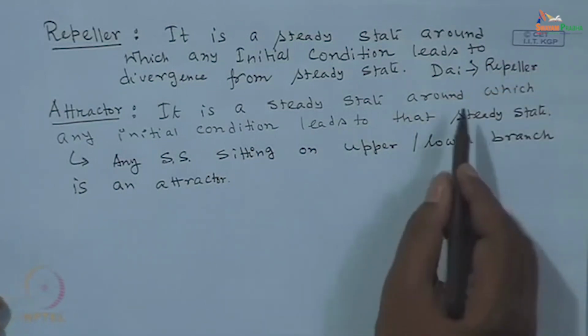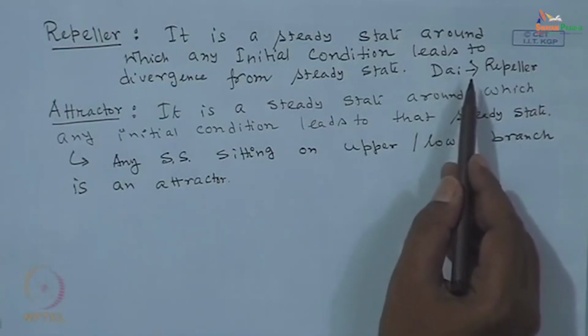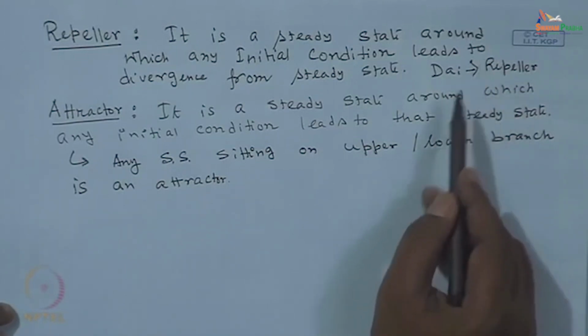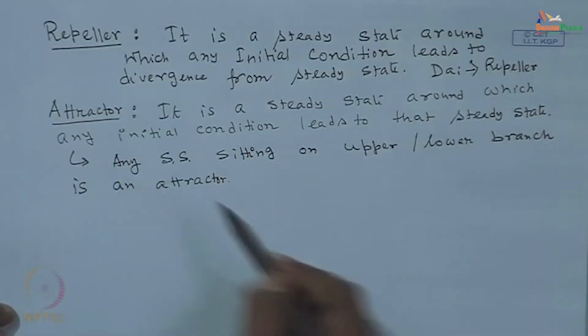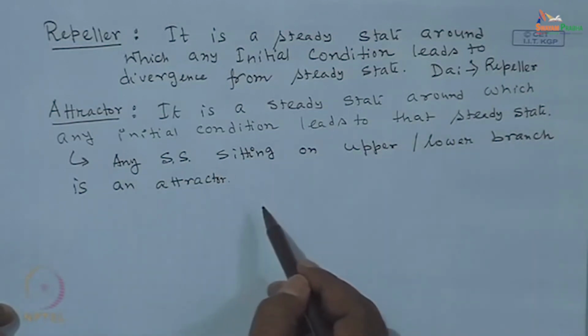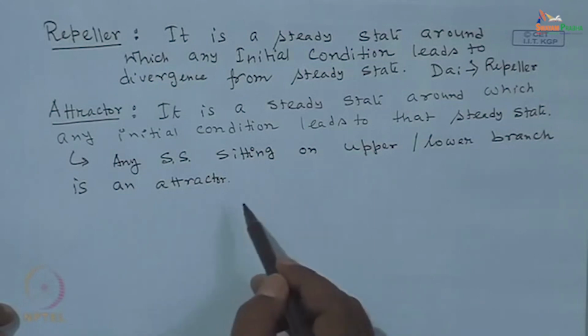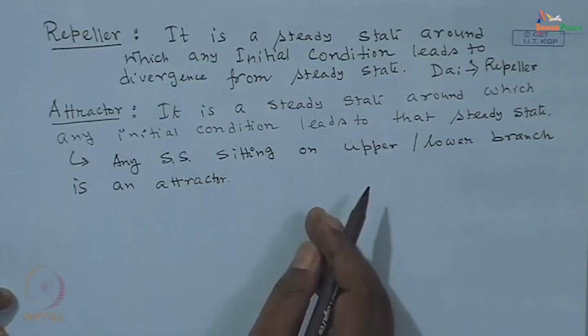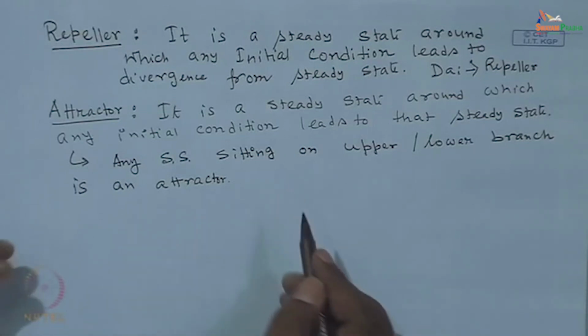So, any initial condition around dAi will land either on the upper steady state branch or the lower steady state branch. On the other hand, any steady state sitting on the upper or lower branch beyond the dAi and dAe region will act as an attractor.